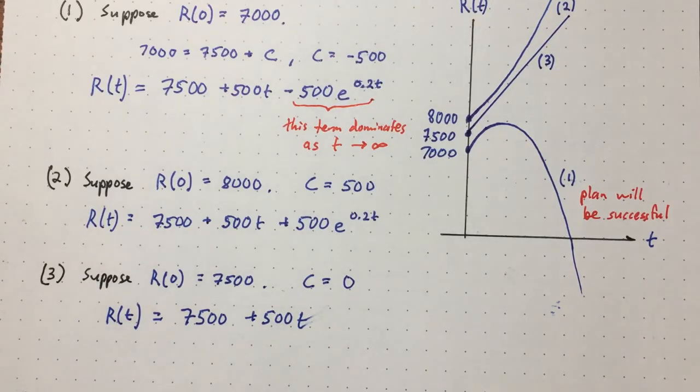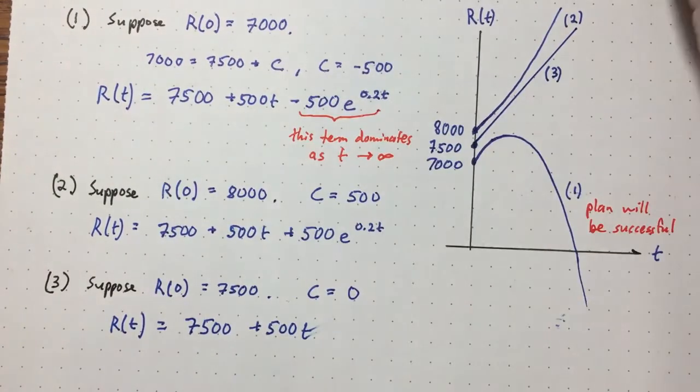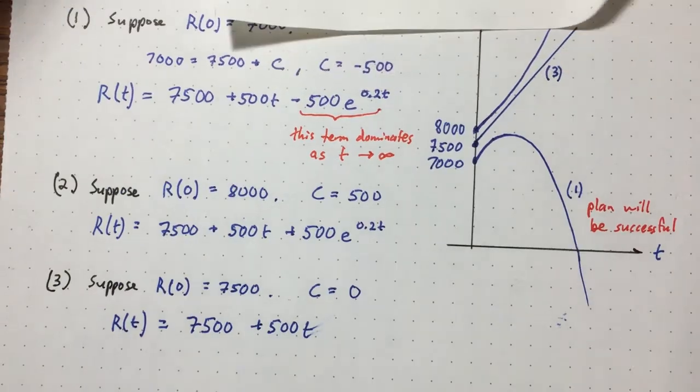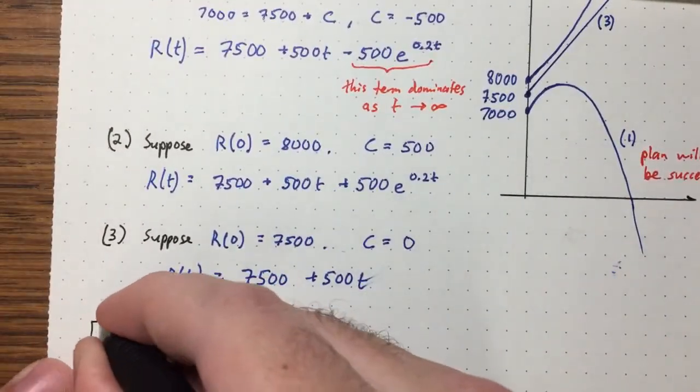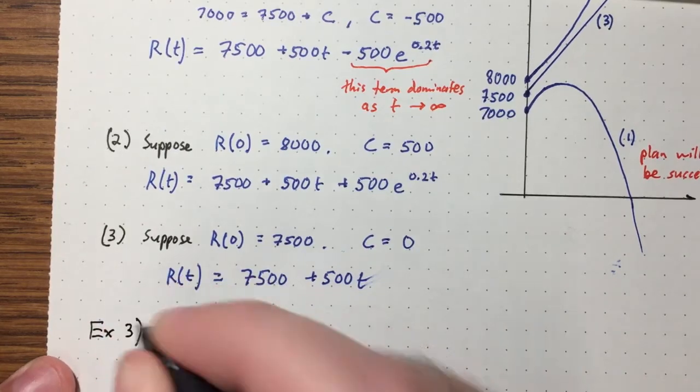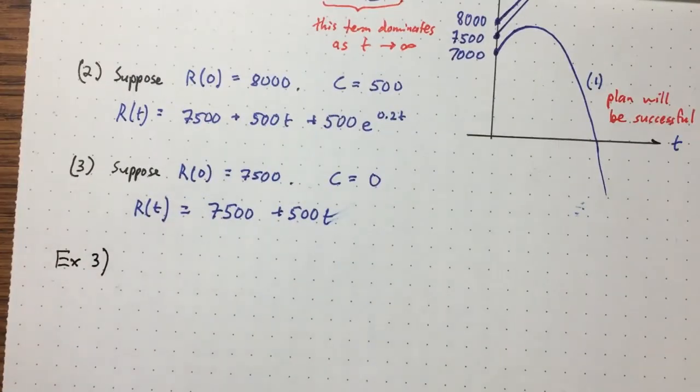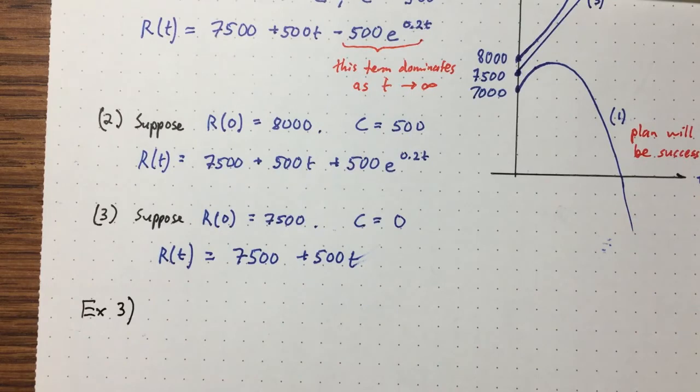So actually, I'm not going to do another problem in this lecture, but I do want to give you an opportunity. I'll call this example 3, but I'd like you to try this example.